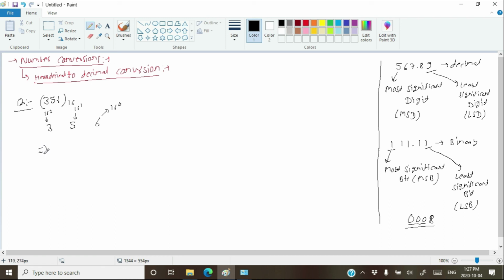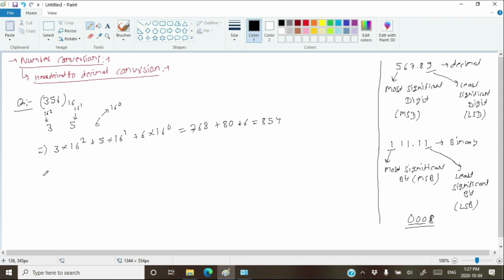Then similar to the previous examples, just multiply all the digits by their weights and add them. 3 into 16 square plus 5 into 16 to the power 1 plus 6 into 16 to the power 0, okay, is equal to 768 plus 80 plus 6 is equal to 854.